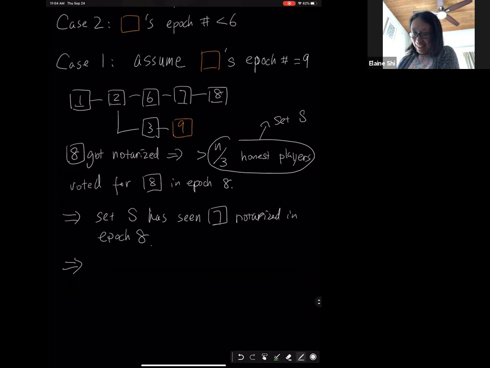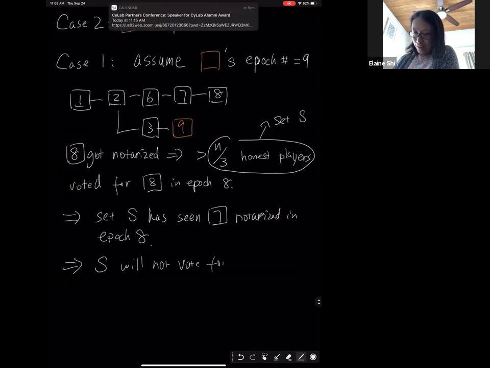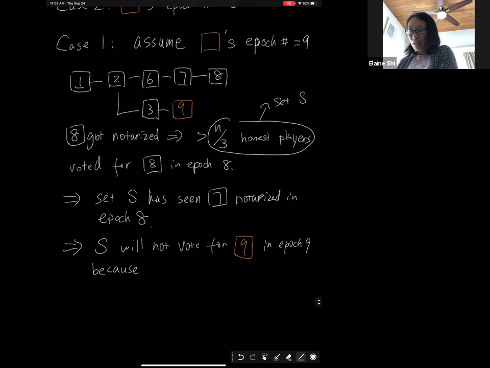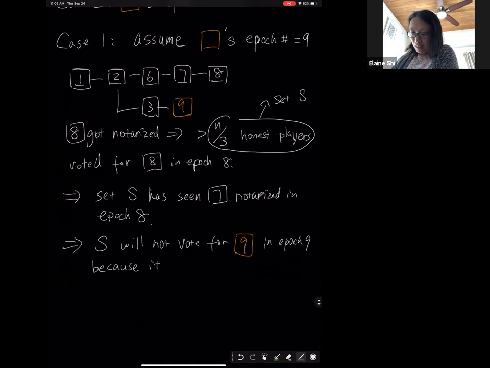So as Ke and Jinxi said, S will not vote for 9. 9 is the orange block in epoch 9, because it doesn't extend from one of the longest notarized chains they've seen at that point.